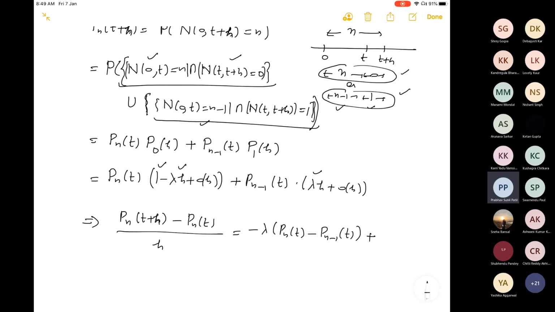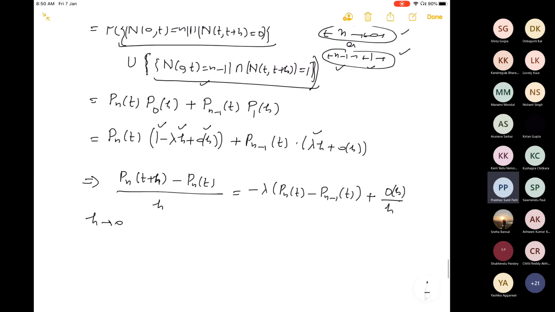And some quantity of order small o h, but we are dividing by H and trying to take the limit. So that quantity will go to 0 as H goes to 0, so that's why I'm writing only o h upon H.